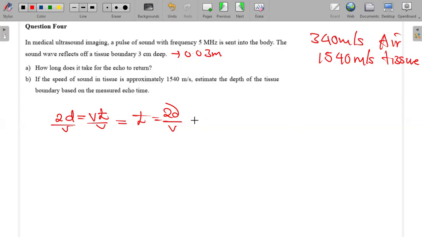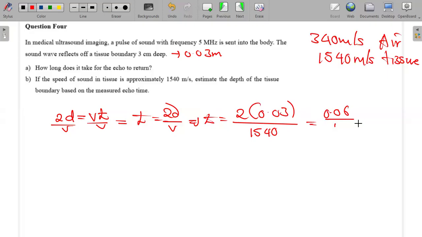So we're going to say our time will be equal to 2 multiplied by 0.03 divided by the speed, which is 1,540. This is going to give me 2 multiplied by 0.03, I'm getting 0.06 divided by 1,540. That means the time it's taking will be equal to, it's a very small time, 0.00003896.